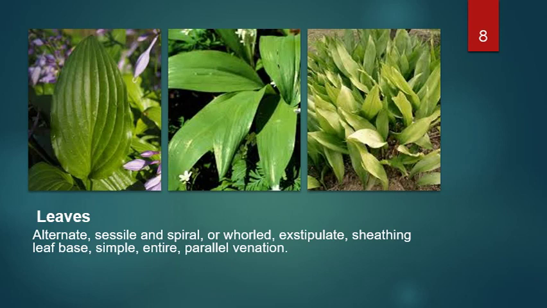In spiral phyllotaxy, a single leaf is borne at each node, while in whorled phyllotaxy, more than two leaves are present at each node, and these leaves are arranged in a circle around the node.